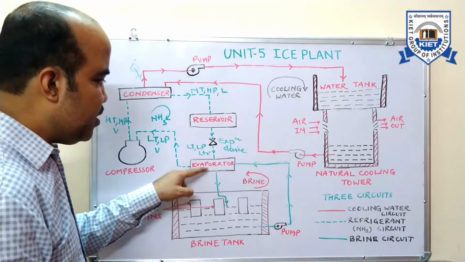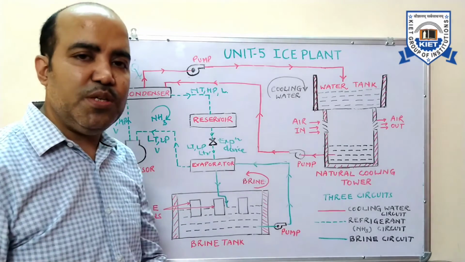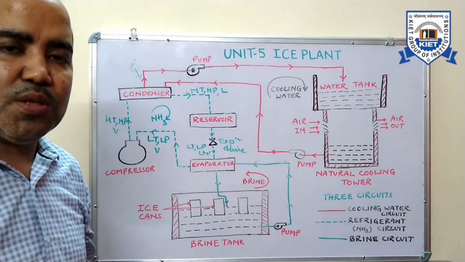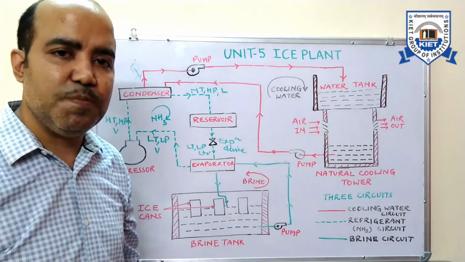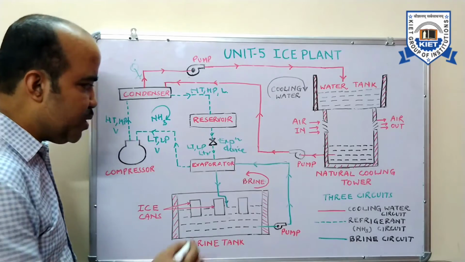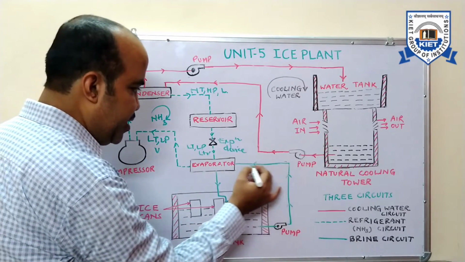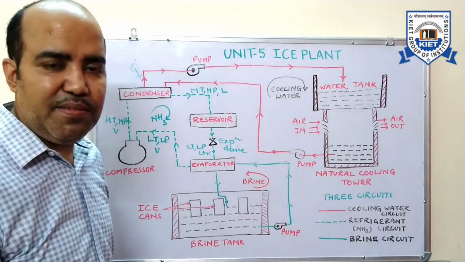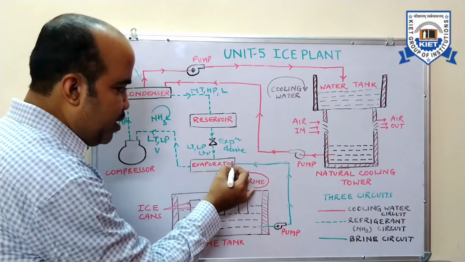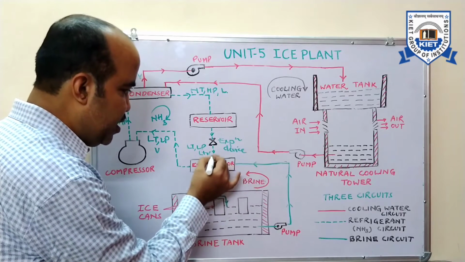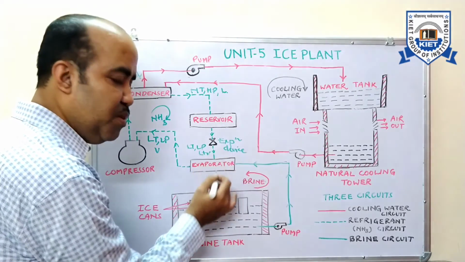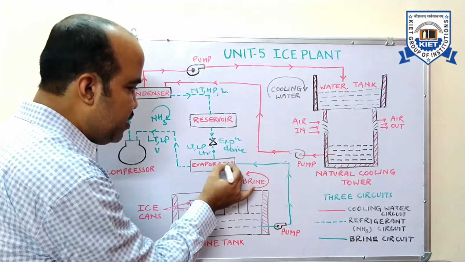In the evaporator, the liquid refrigerant absorbs heat from the product which is required to be cooled, or from the space that is required to be maintained at a particular temperature. Here the brine enters the evaporator at a comparatively higher temperature, from one side, and low temperature, low pressure liquid plus vapor ammonia enters from the other side.